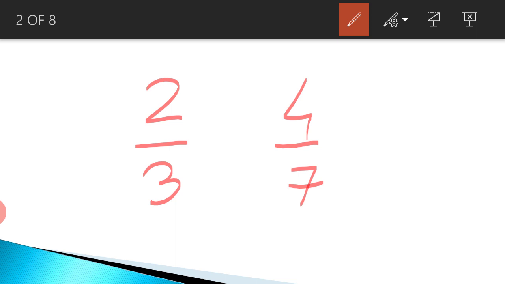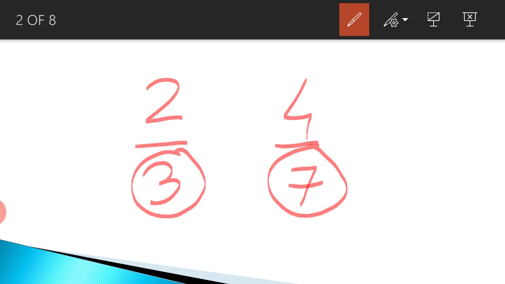For that you need to make the denominator same so that we can compare the numerators, that is, which part is bigger. But for comparing the numerator, the denominator should be made same. So for addition, subtraction and comparing fractions, we need to have denominators the same. Are you getting it?